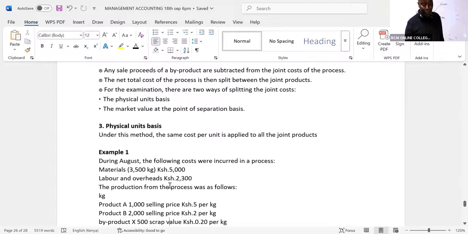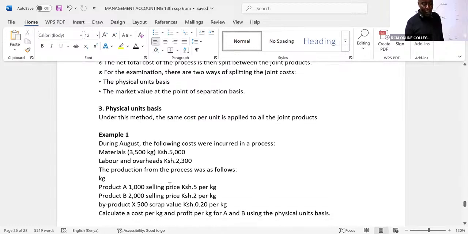The production from the process was as follows: Product A, 1,000. Product B, 2,000. And then we have a byproduct, 500, whose scrap value was 0.2. Calculate a cost per kilogram and a profit per kilogram for A and B using the physical units basis.